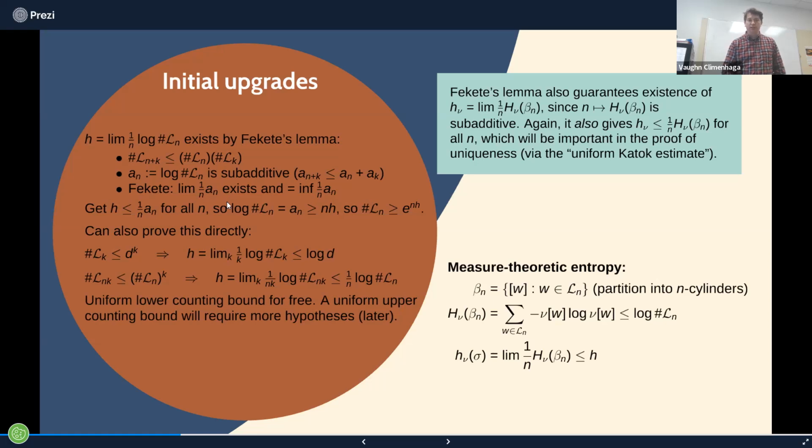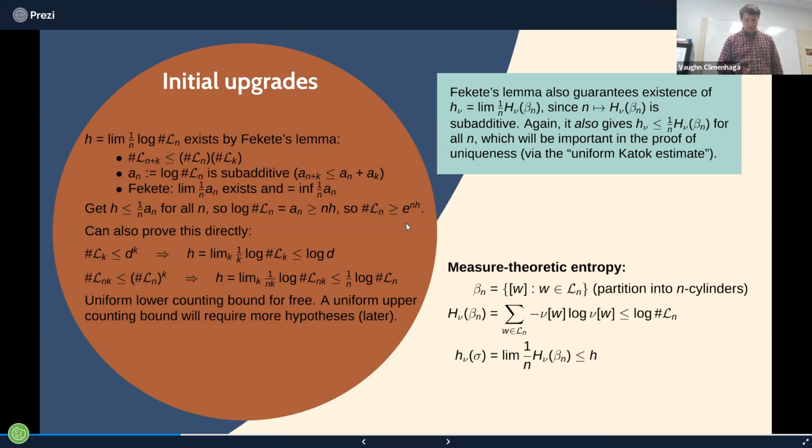So it's almost as if this is a decreasing sequence. In general, it's not actually a decreasing sequence, but it's close to being a decreasing sequence. And the fact that the limit is less than or equal to this quantity can be rewritten quite easily to say that the number of words of length n is at least e to the nh.